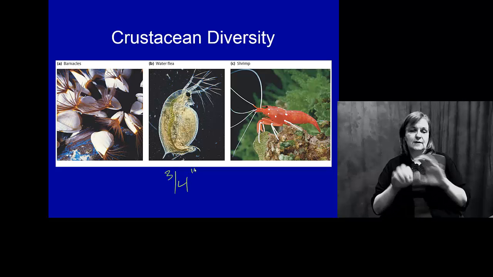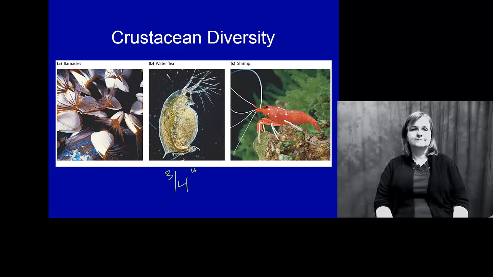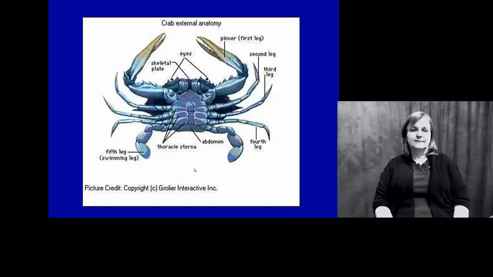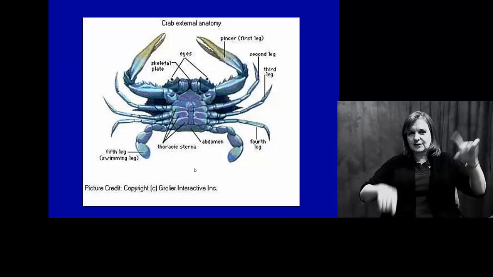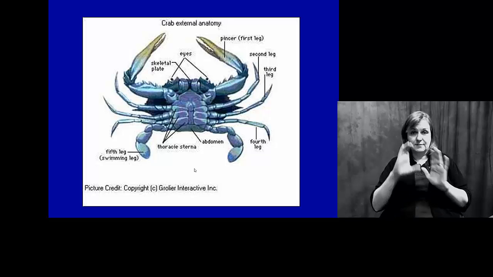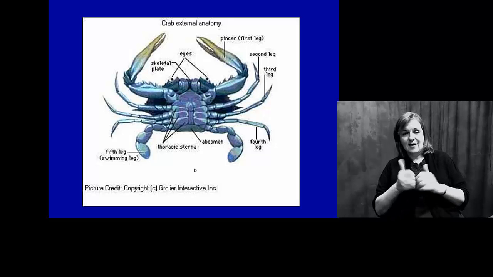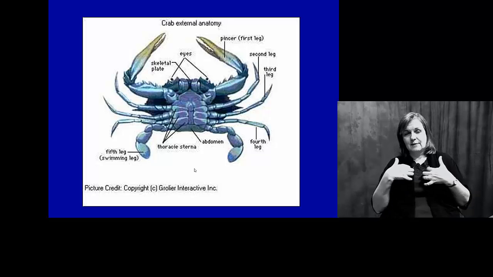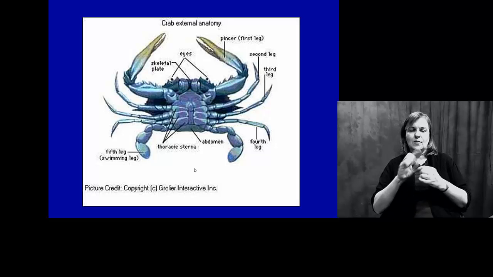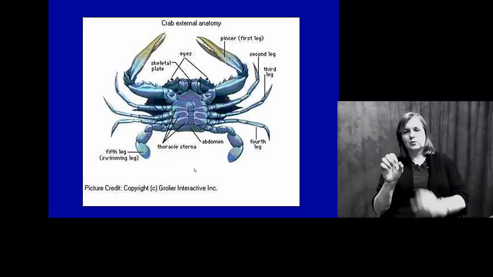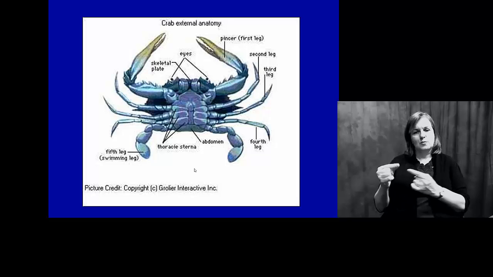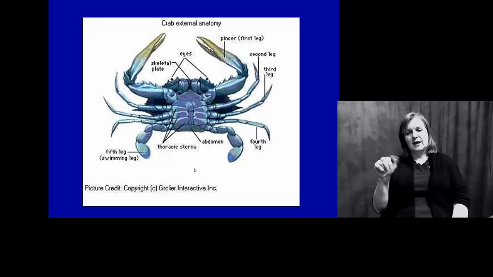Shrimp, fairly small. Barnacles, fairly small. But we can certainly build up to much more complex organisms in this subphyla as well. Crabs and lobsters and so on fit into this. The diversity in the jointed appendages becomes much more clear here, and we have to think about how that may help them to evolve. And we'll think more about this with ecosystem structures.